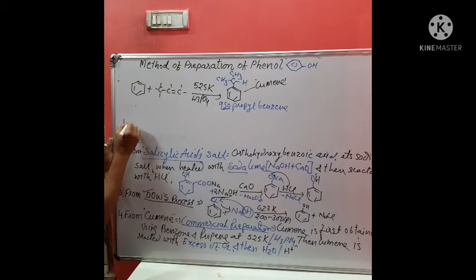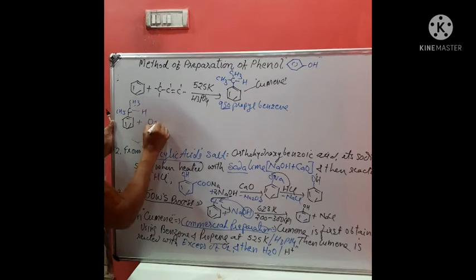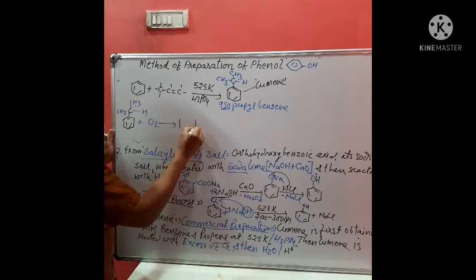Okay. Now, the cumene in the next step means this one, C. This is CH3 and this is CH3. So, when it is reacted with excess of O2, that is, oxygen gas is bubbled through it, the oxygen is directly attached to it, forming peroxide.